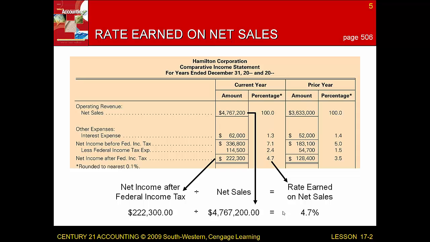Hamilton's rate on net sales of 3.5 in the prior year was unsatisfactory. The rate and trend earned this year, 4.7, is a satisfactory rate. This trend should be watched closely because we need to watch for declines, because the company must increase sales or reduce costs to maintain an acceptable rate.